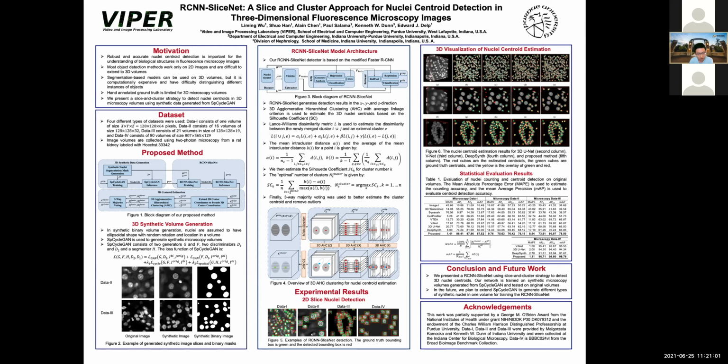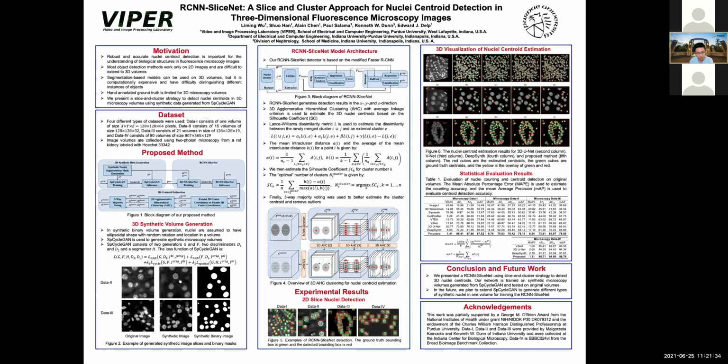Okay, so for the 3D synthetic volume generation part, based on the observation of the original microscopy images, we model the nuclei as an ellipsoidal shape with a random rotation and location in a volume. Then after generating these binary volumes, we use SP cyclogram to translate these binary volumes to synthetic microscopy volumes. The SP cyclogram is basically an extension of cyclogram.